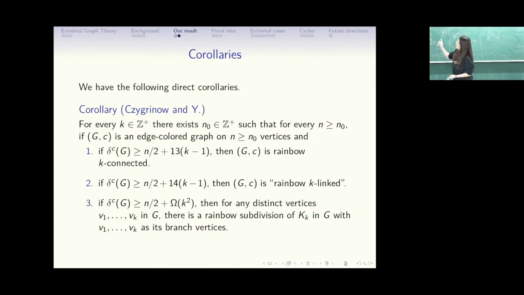Okay. So for the first one, from the theorem we know that, now if we want to find k rainbow paths between vertices x and y, there are n vertices in the graph. From our theorem, there is a path of length at most 9 here.